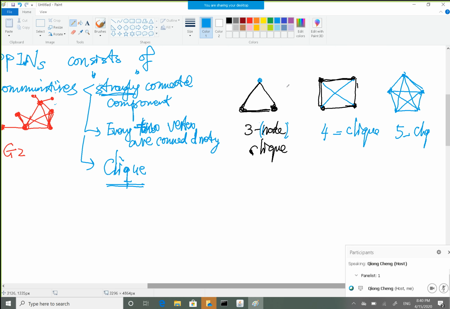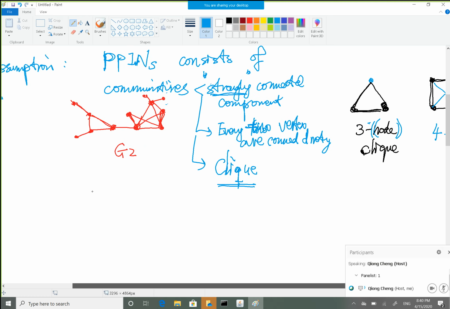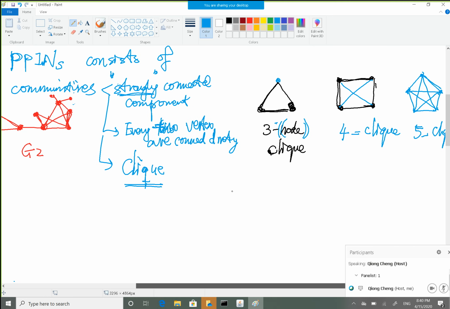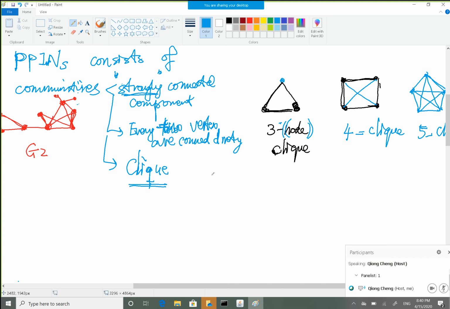In this paper, the authors claim that in the PPI network, since it corresponds to a protein-protein interaction network, many protein complexes appear. Another term in this paper, and sometimes you feel confused by some terms, so let me explain.